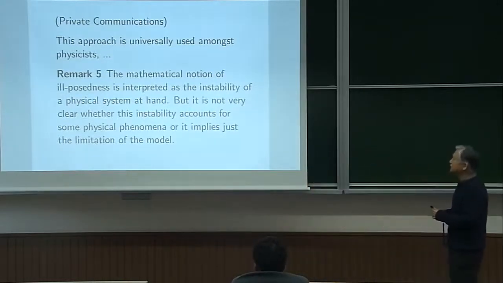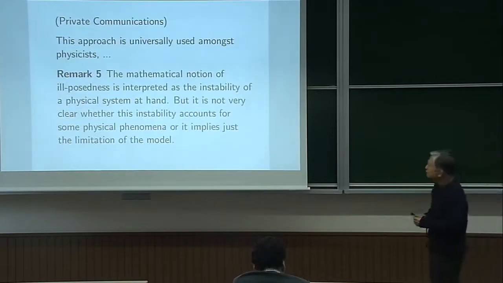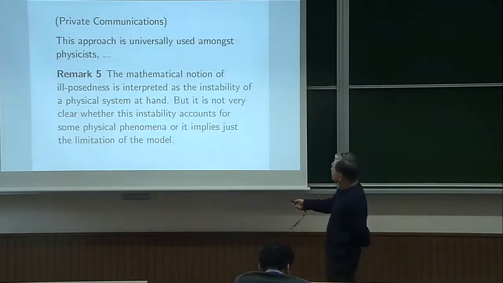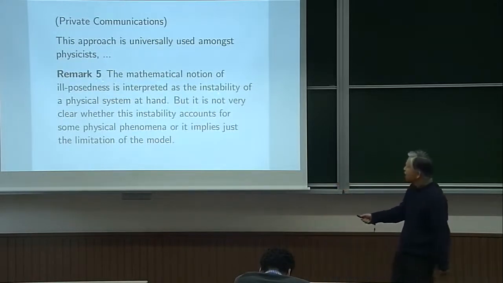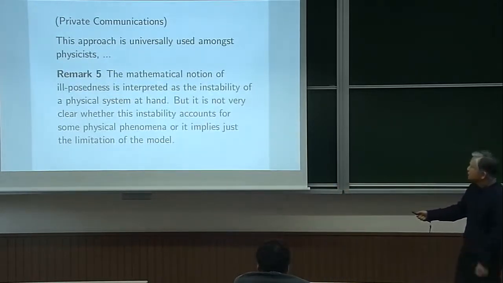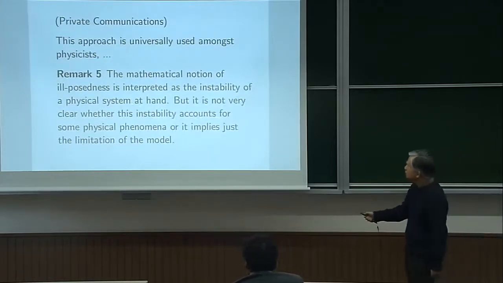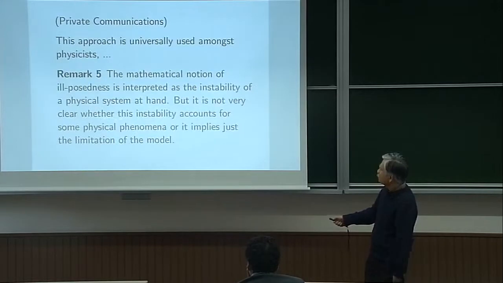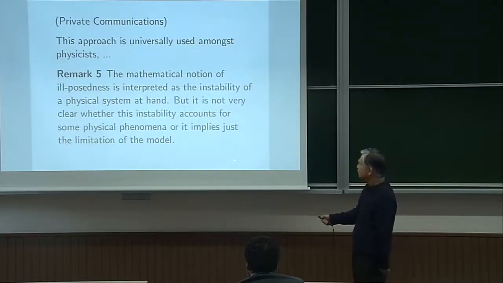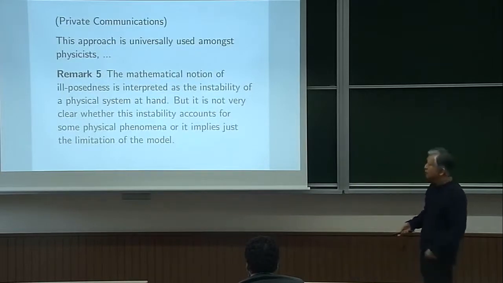So it just looks strange. The mathematical notion of ill-posedness is interpreted as the instability of a physical system at hand. But it is not very clear whether this instability accounts for some physical phenomena or it implies just a limitation of the model.